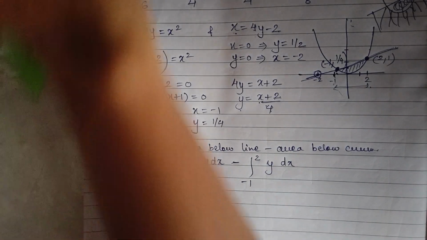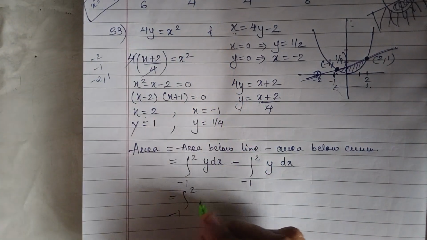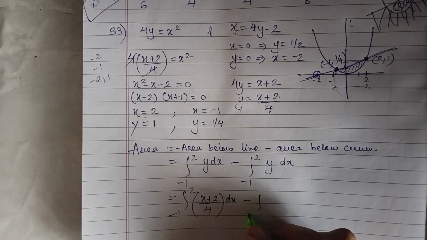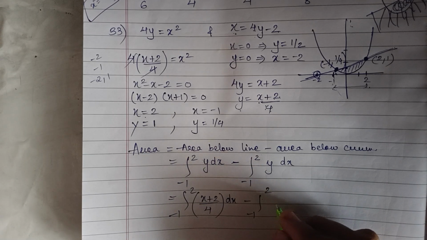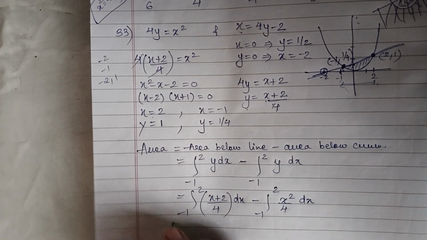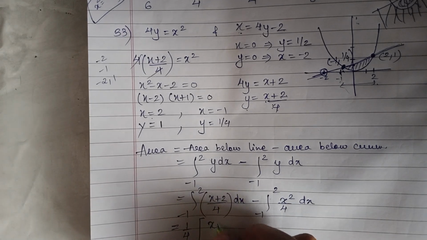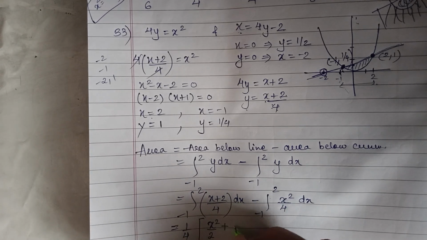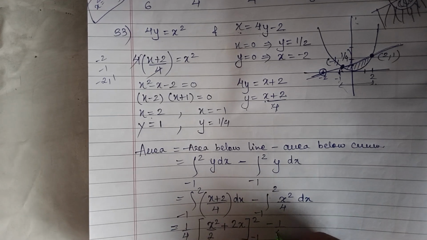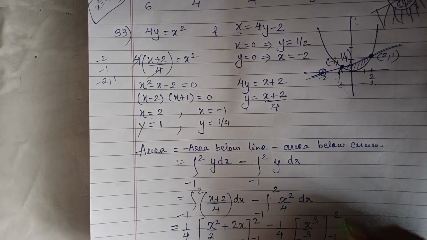So y is x plus 2 by 4 dx minus x square by 4 dx. Integrating, you will get 1 by 4 you can keep outside, x square by 2 plus 2x from minus 1 to 2, minus 1 by 4 x cubed by 3 from minus 1 to 2.